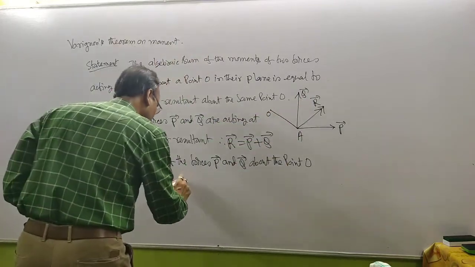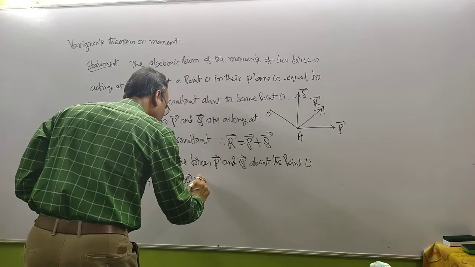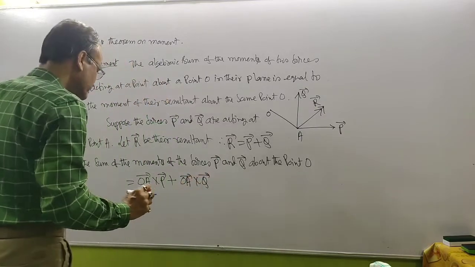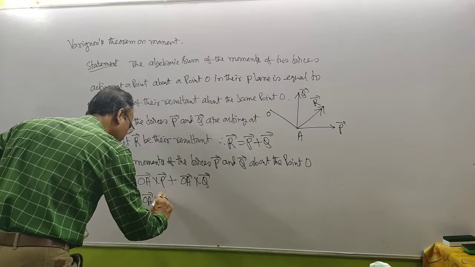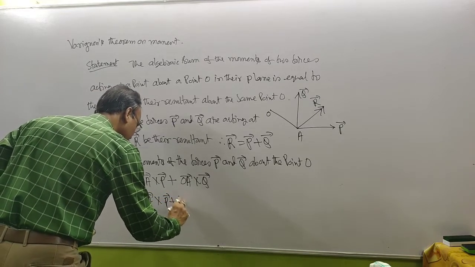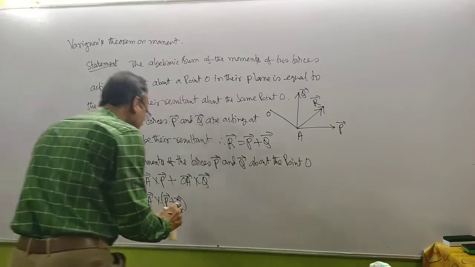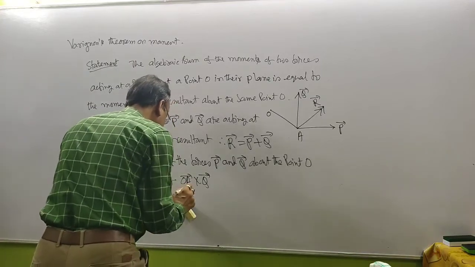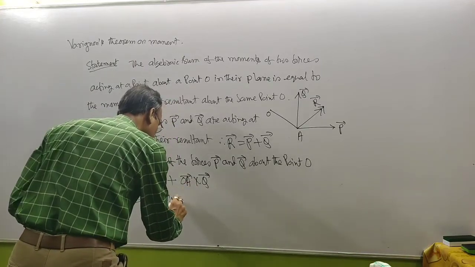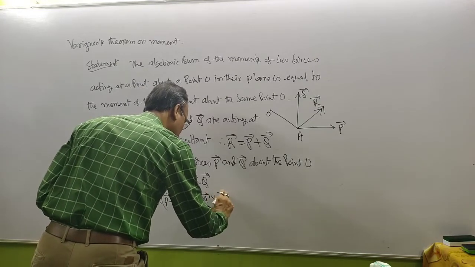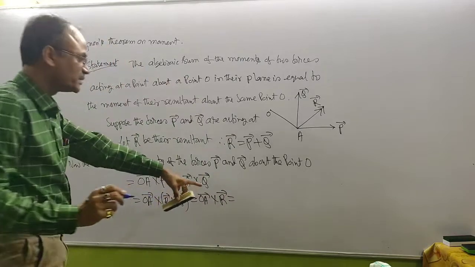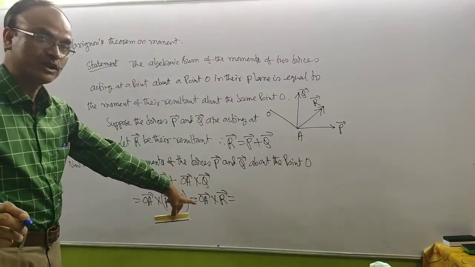It will be again OA vector cross Q. This is equal to OA cross (P plus Q). This is equal to OA cross R vector. This is equal to the moment of the resultant R about the point O.